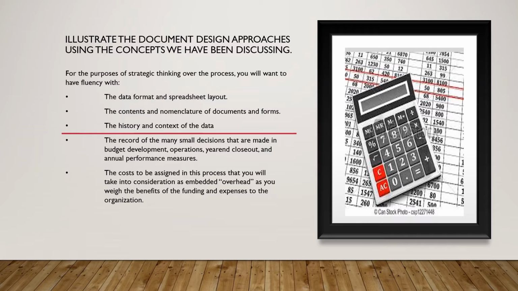And of course, I think the costs to be assigned in this process that you'll take into consideration as an embedded overhead expense in your organization as you weigh the benefits of a particular funding source or an expense source for an organization.